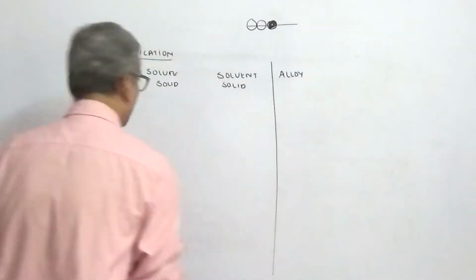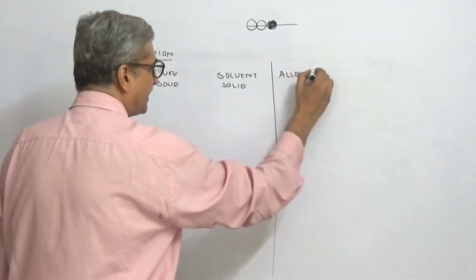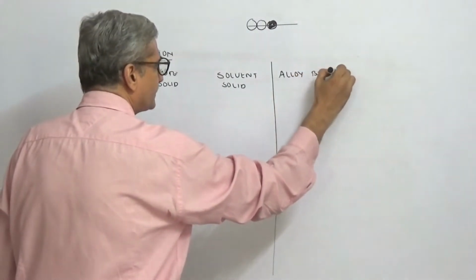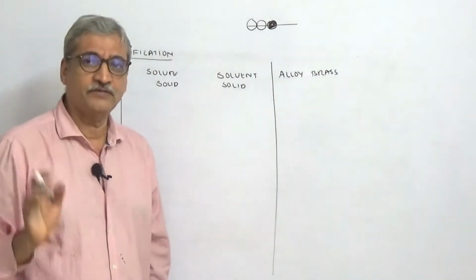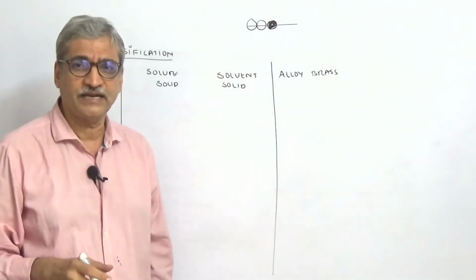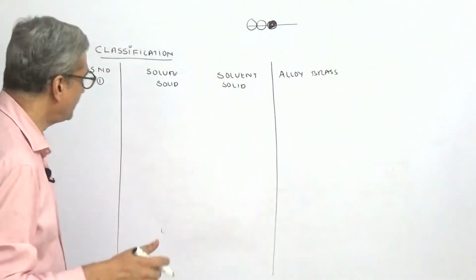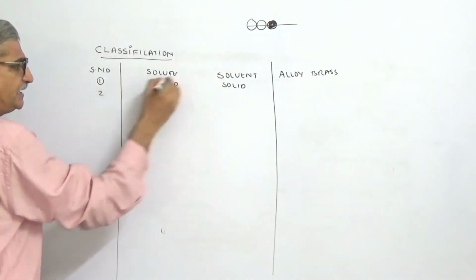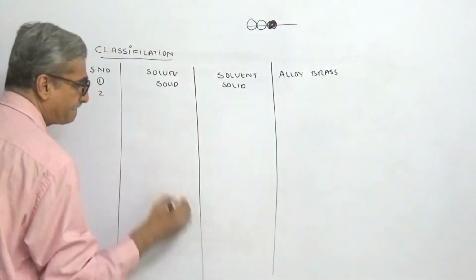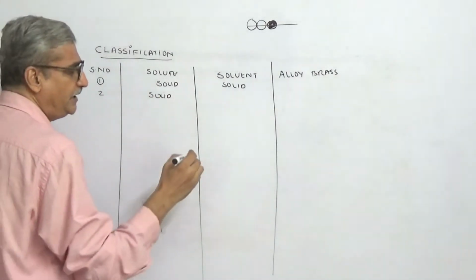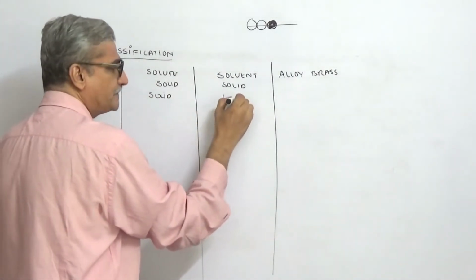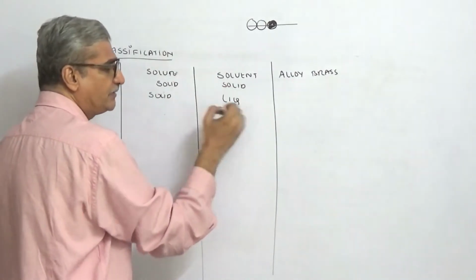Then next, of course, examples of alloy are brass and gold. Gold also, because pure gold is not used, but normal working gold contains some amount of silver, cadmium and copper. Is this point clear? Then the second one is solid in a liquid. See how I am going: solid, solid, solid, liquid, gas.